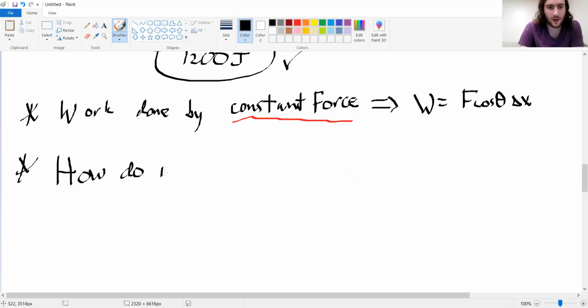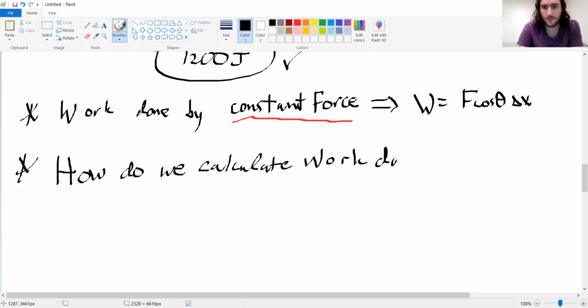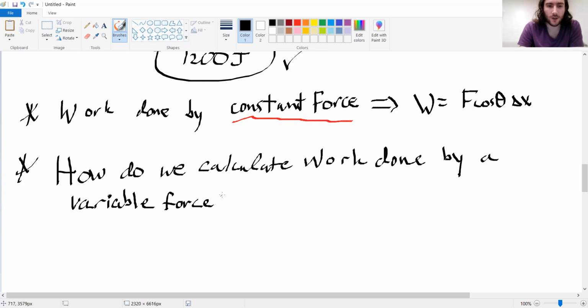How do we calculate, sorry for the handwriting here, work done by a variable force? Does anybody remember all the way back to, I believe it was in chapter 2, we did a lot of problems with constant acceleration, right?